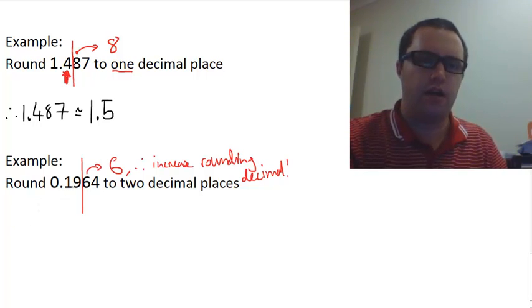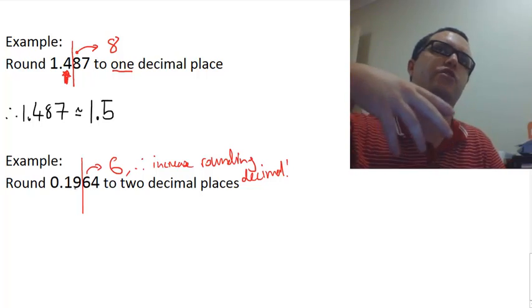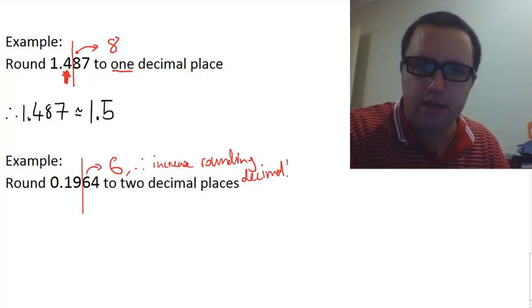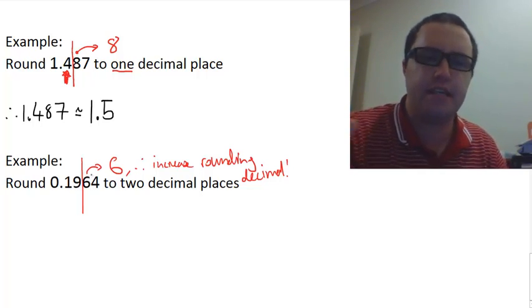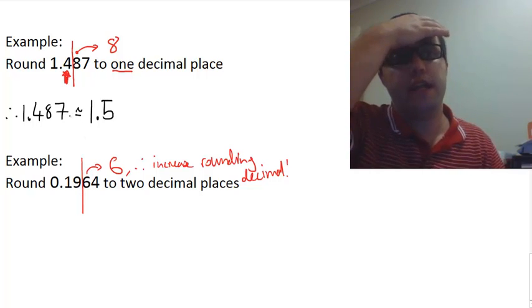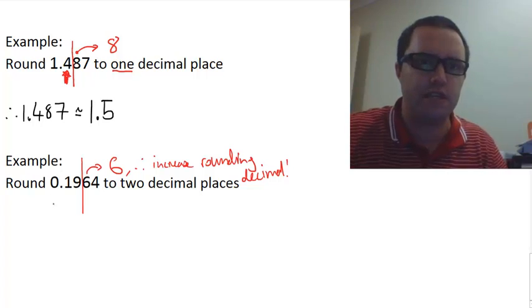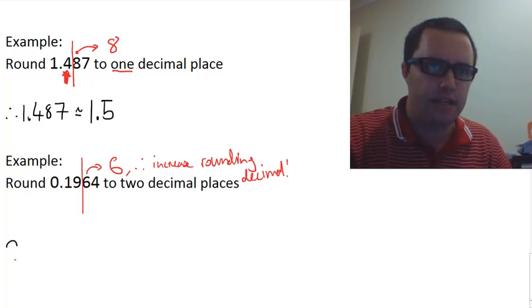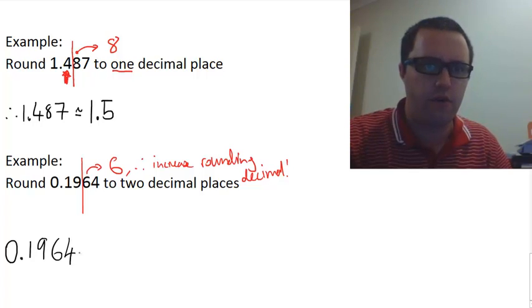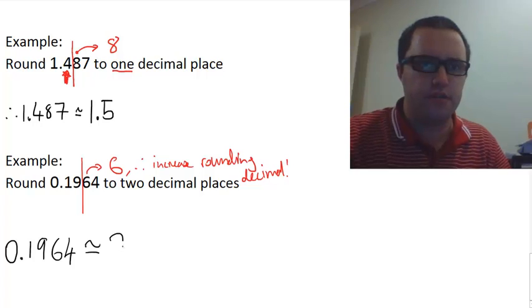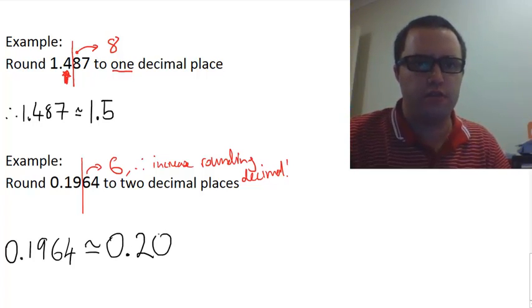0.1. Hang on, if I increase our 9 by 1, what happens? 9 plus 1 is 10. So in this instance, we're still going to terminate at 2 decimal places, but instead 0.1964 is approximately equal to 0.20.